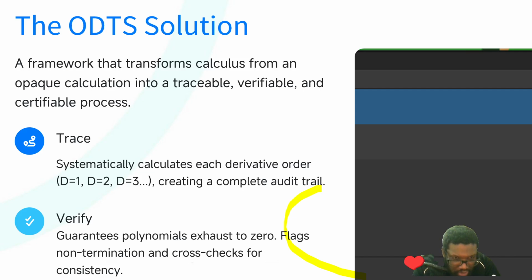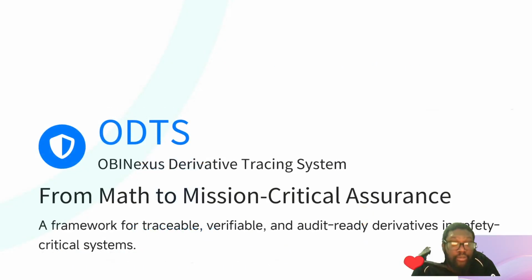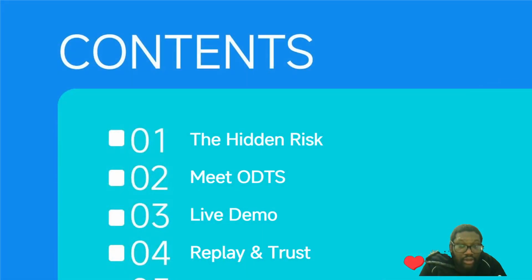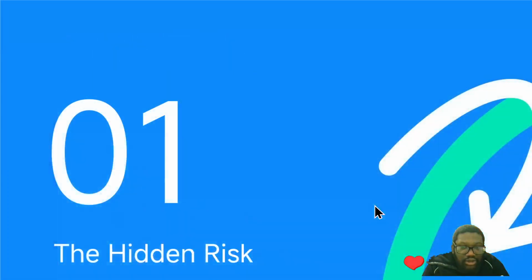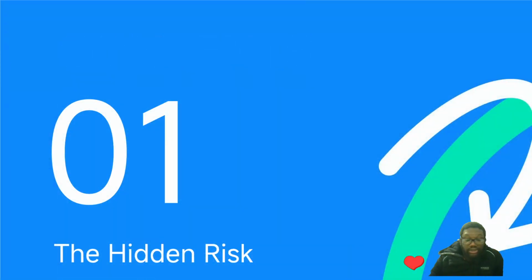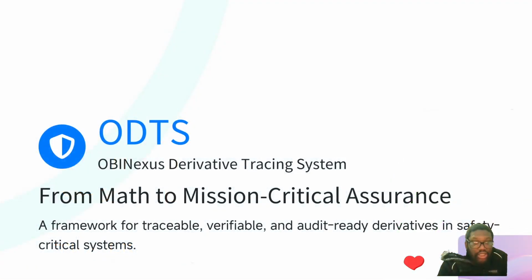Sorry, I'm still going. It's just weird. Am I going too fast? Okay, so basically, we have to start again. So this is the hidden risks. We've got the ODTS. This is a derivative system.